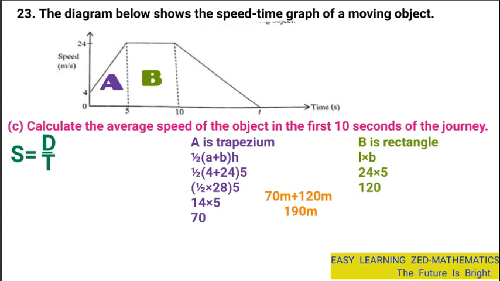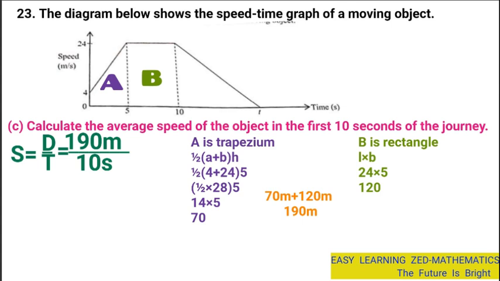So I'm going to go back to the formula for speed, which is S is equal to D over time. What is the distance now? We have found the distance is 190 meters, over the time, which we are told is 10 seconds. So we divide 190 meters by 10 seconds.